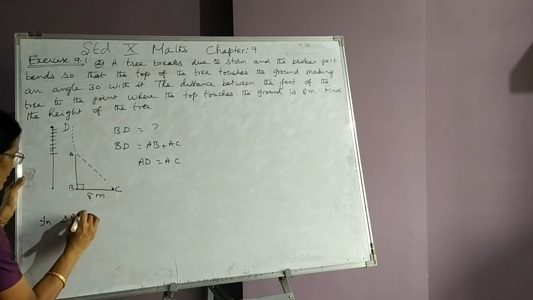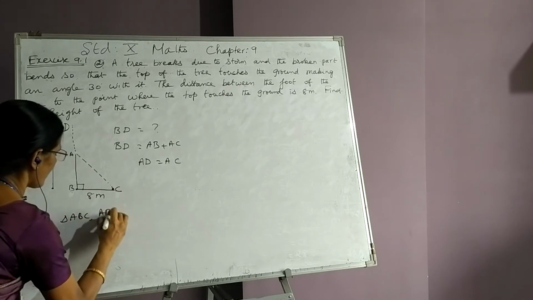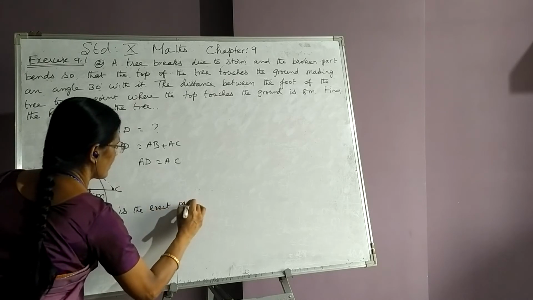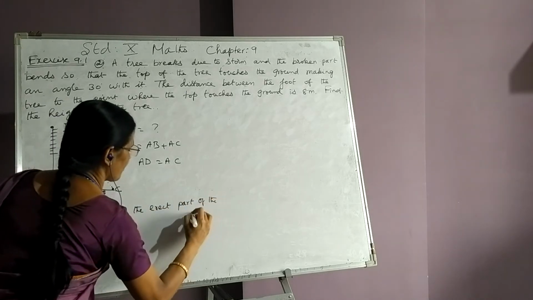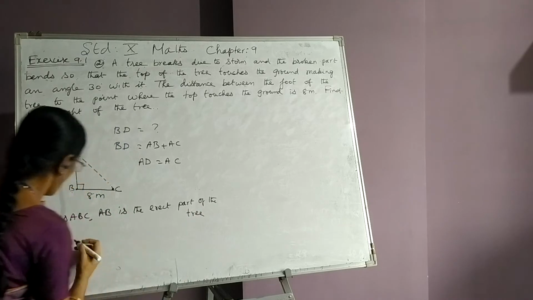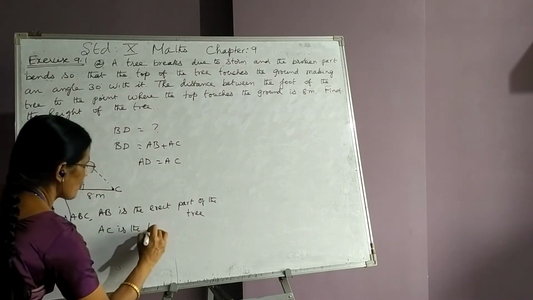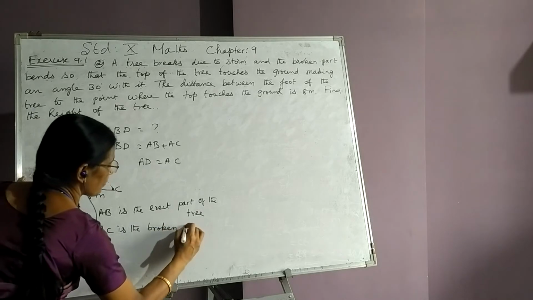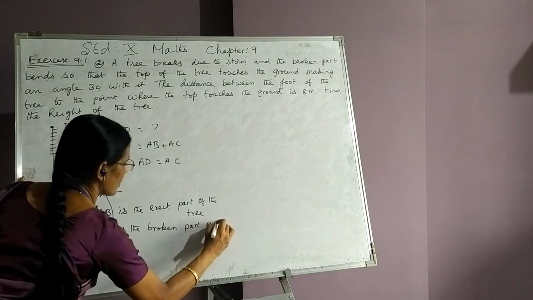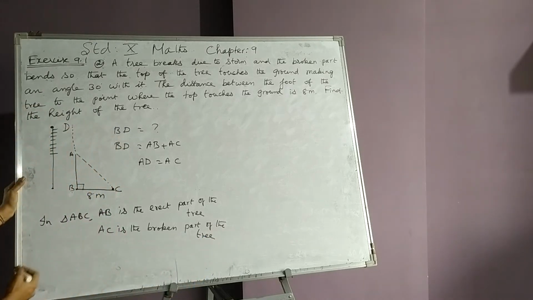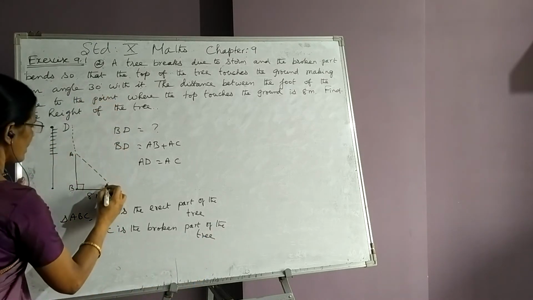In triangle ABC, AB is the erect part of the tree. AC is the broken part of the tree. It is given the angle of elevation is 30 degrees.